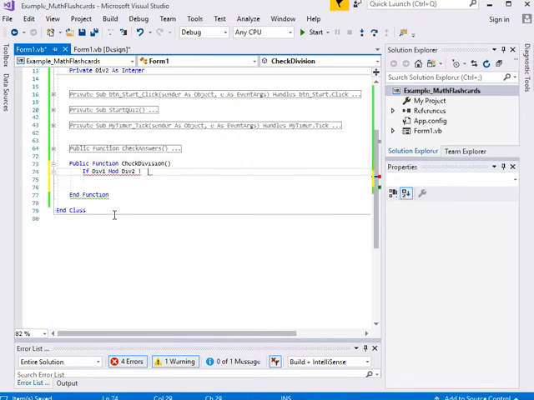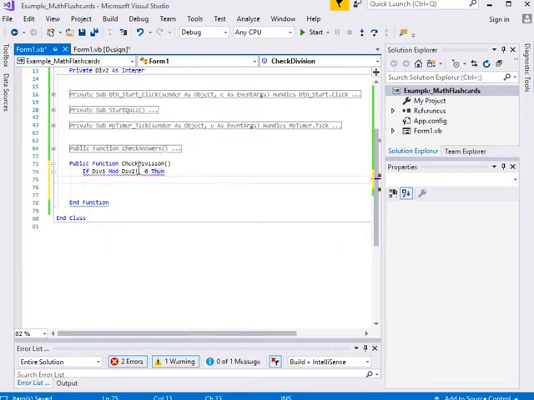Not equal to 0, then, oh, that's not the code for not equals, is it? Okay, is it equals, equals slash equals? One moment, I'll be right back.